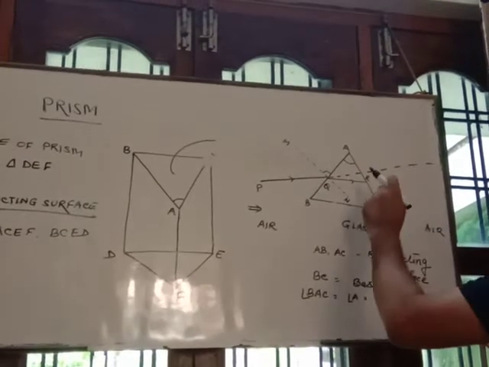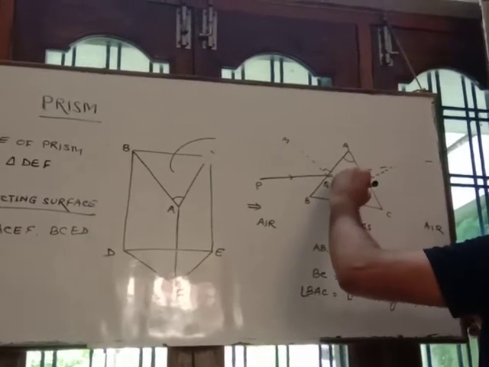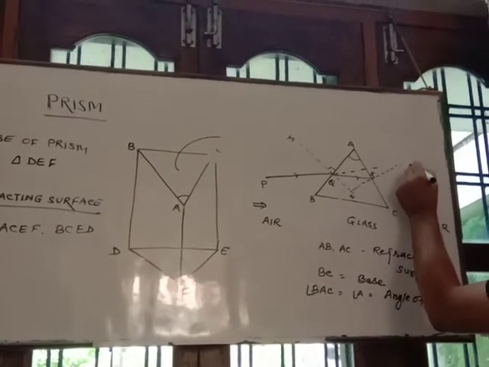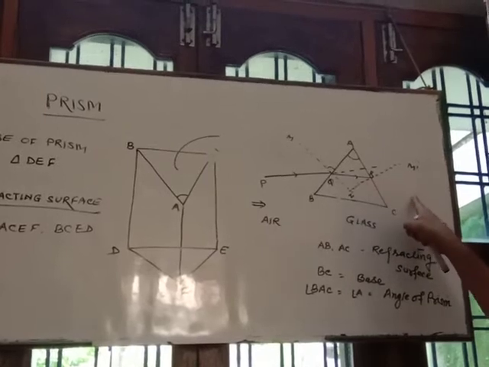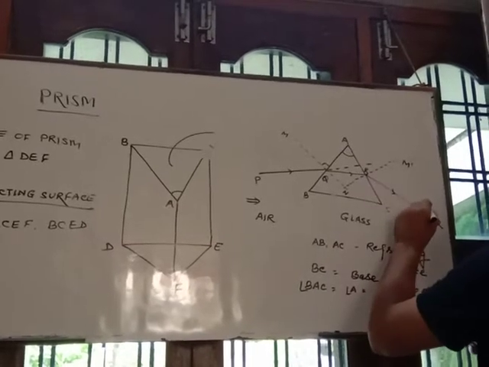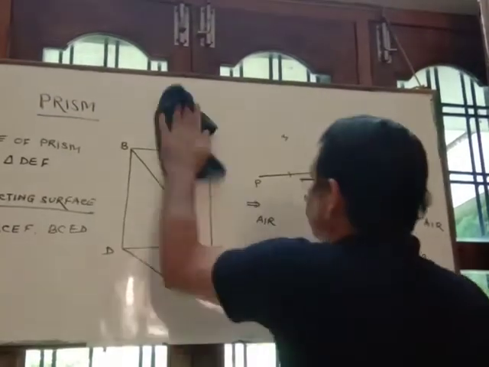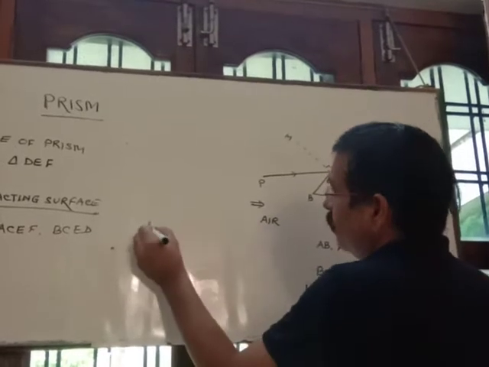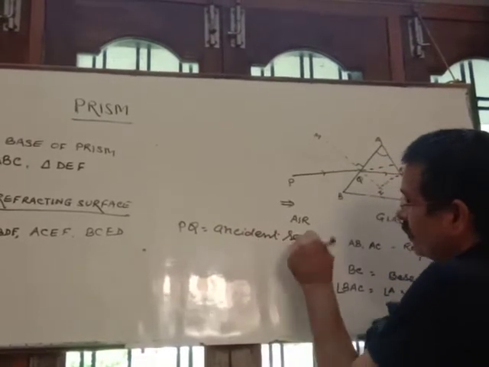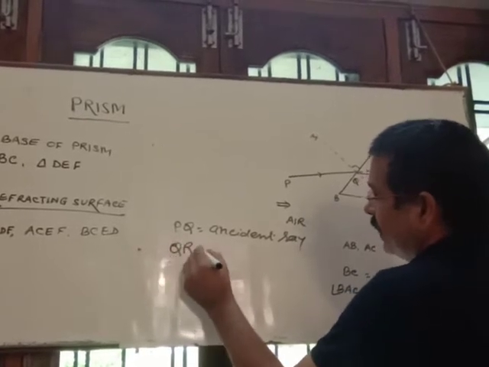Draw one more normal at point R, and let its name be M dash N. The light ray passes from denser to rarer medium, so it turns away from the normal and moves along the direction RS. So PQ is the incident ray and QR is the refracted ray.